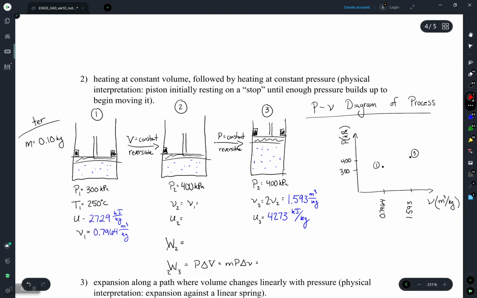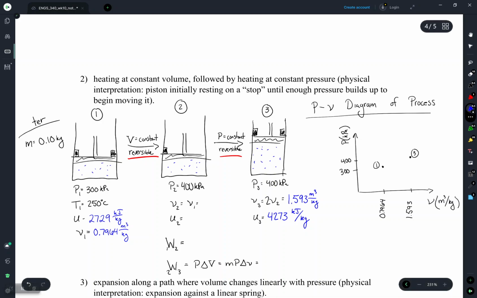In this particular case, we have two different processes. So we're first heating at constant volume, then we're heating at constant pressure. So you can imagine we're heating up here, constant volume, until we let the piston move, and then the second process we're heating at constant pressure.